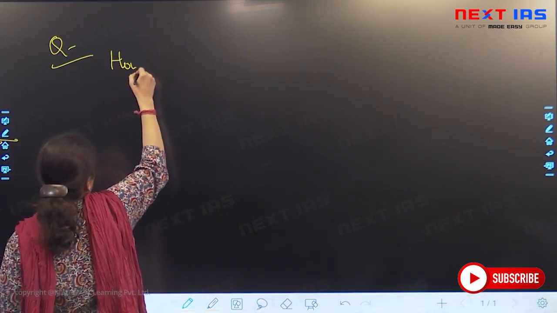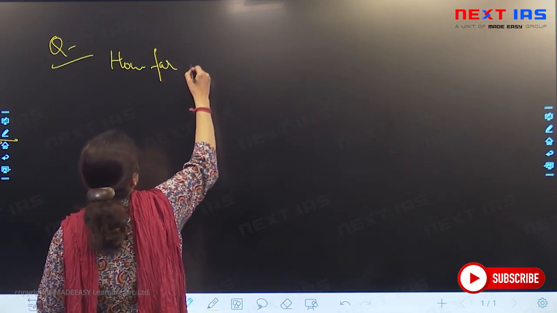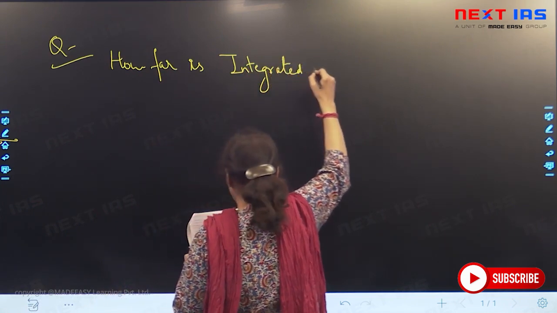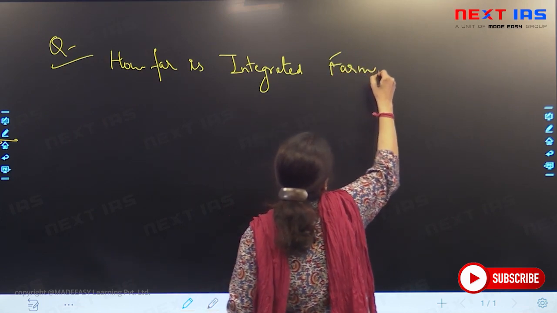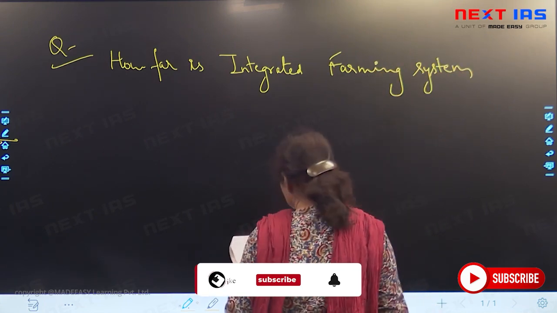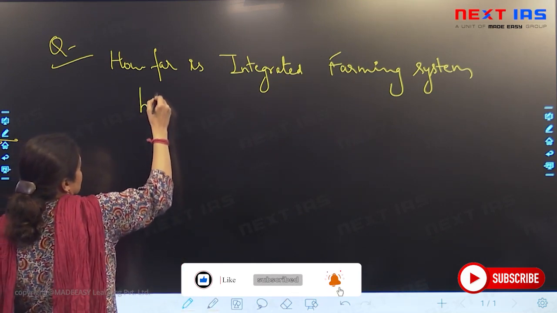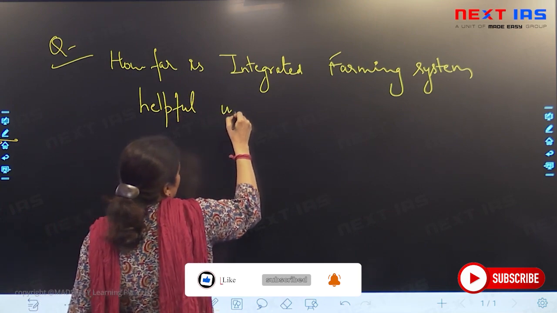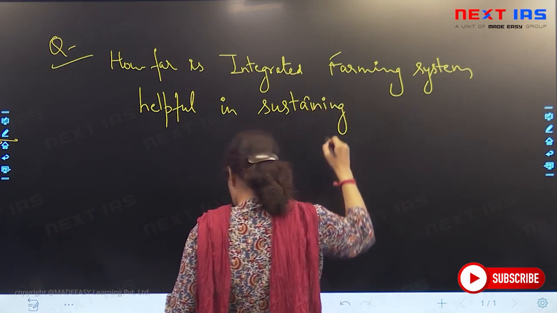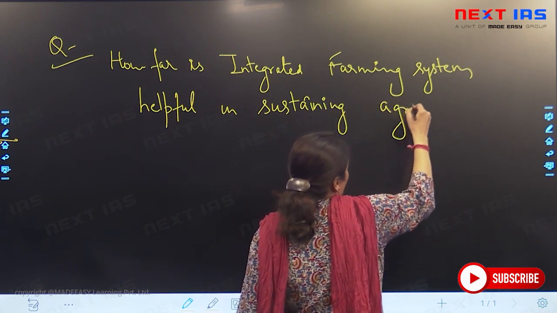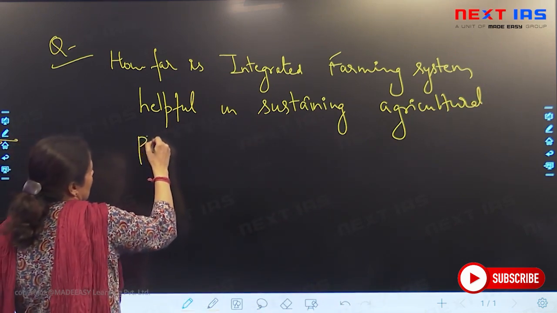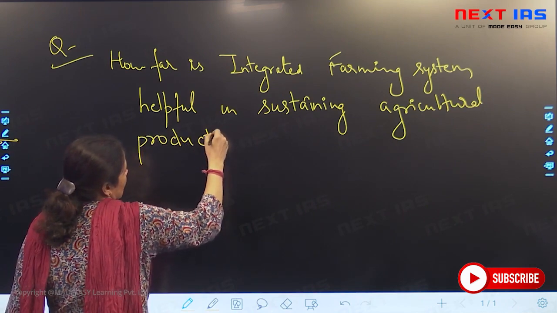How far is integrated farming system helpful in sustaining agricultural production?